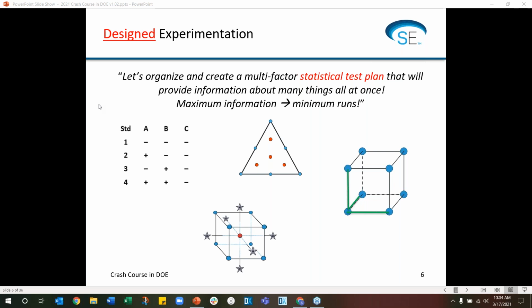And guys like Sir Ronald Fisher and George Box and Dr. Benken and all of these people have figured out matrices that are statistically sound, that will give us the information that we're seeking in as few runs as is reasonable to do.